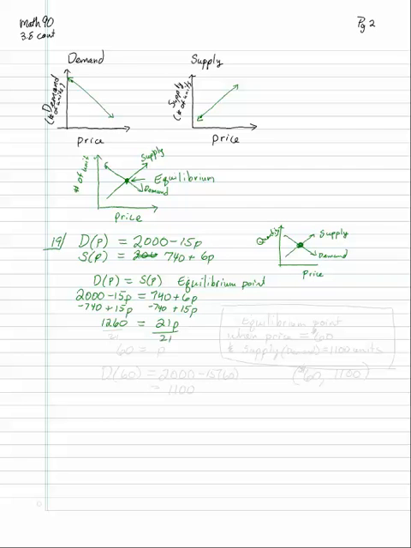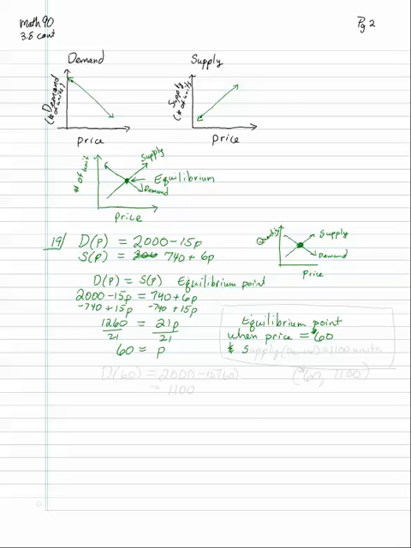Divide both sides by 21. And we get 60. So we'll find an equilibrium point when the price is set at $60.